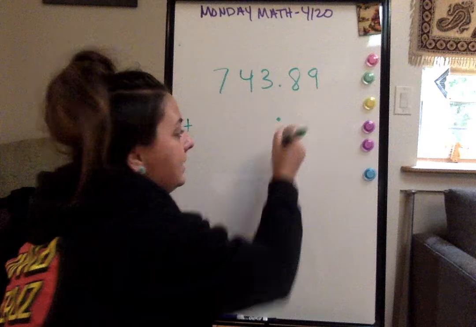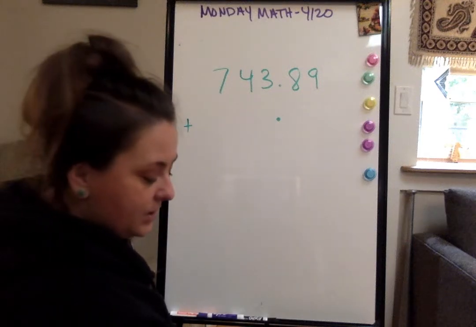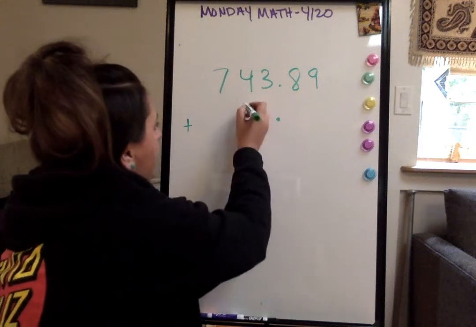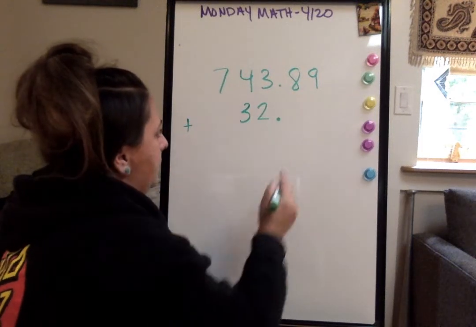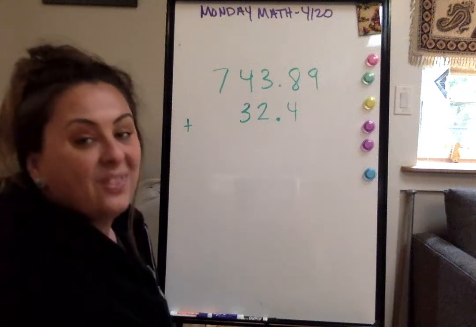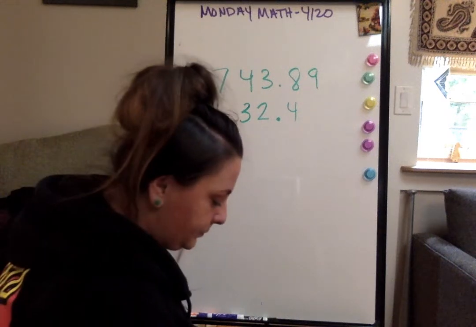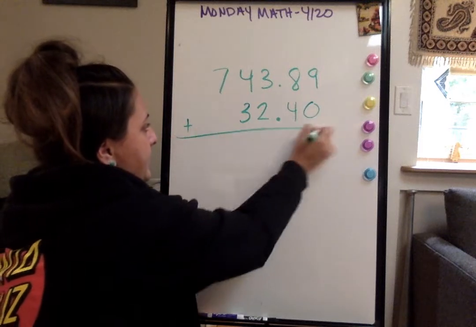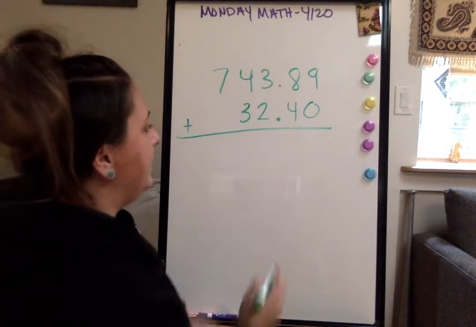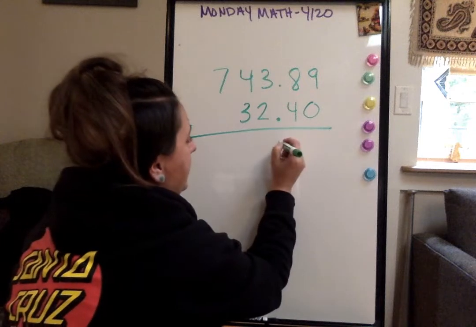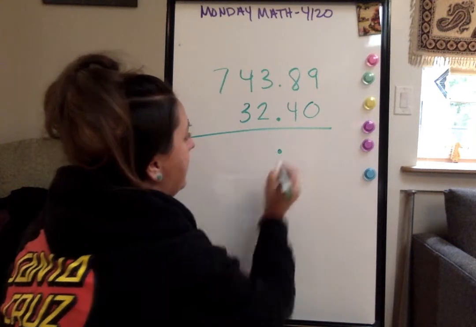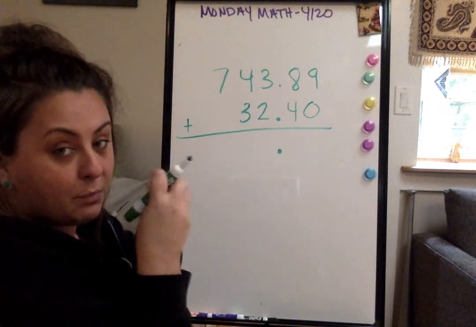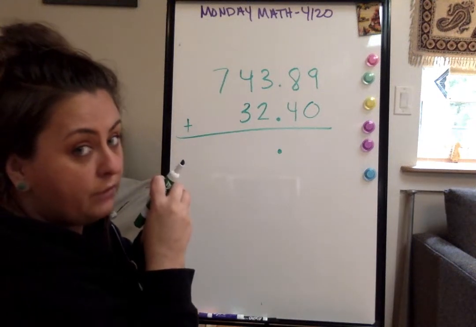So it's often easier to write the decimal point first and then write your number around it. So we're adding it to 32 and 4/10. Now, if you need to put a 0 here, that's fine. Put a 0 there. Make sure everything stays lined up because this decimal point is going to come straight down. Give yourself space here. Don't write your numbers all squished together because you're going to get confused.